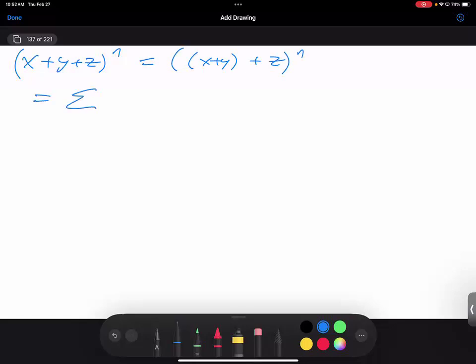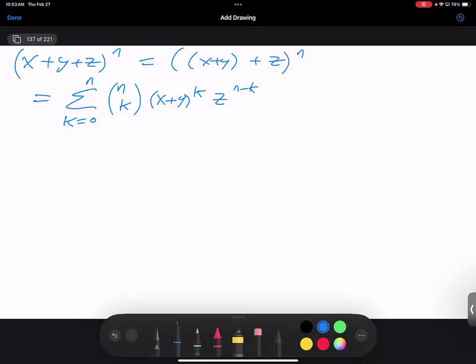And now this would be the sum, let's say k goes from 0 to n, of n choose k, (x+y)^k, z^(n-k). And now what can I do with (x+y)^k? What can I use to attack that?